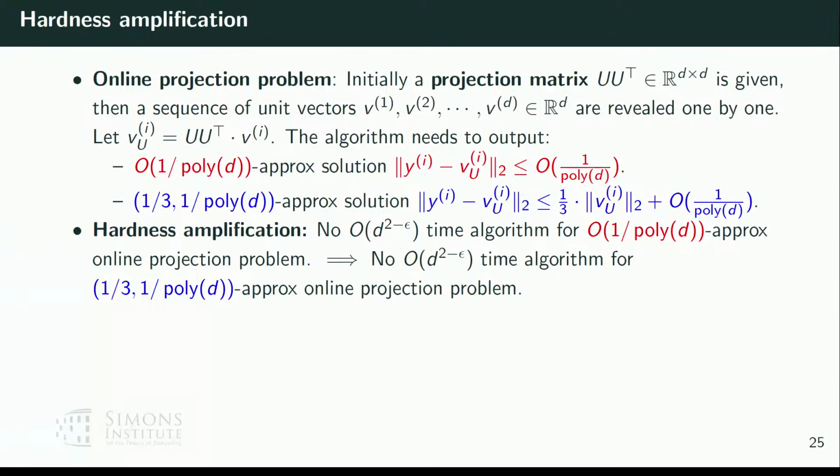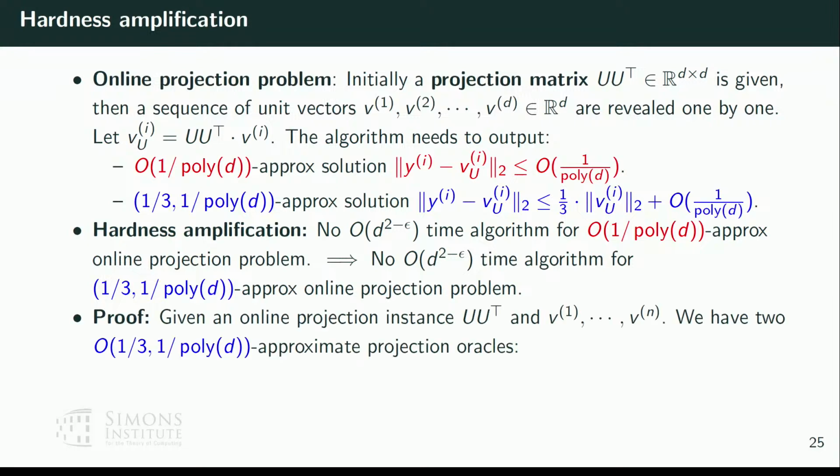Okay, and the hardness key lemma says that if we have the hardness result that there is no d squared time algorithm for this 1/poly d additive error online projection problem, then we also know that there is no d squared time algorithm for this 1/3 relative error online projection problem. So how our proof is going to go is we will want to solve this online projection problem to this higher accuracy, but we assume that we have some low accuracy oracles.